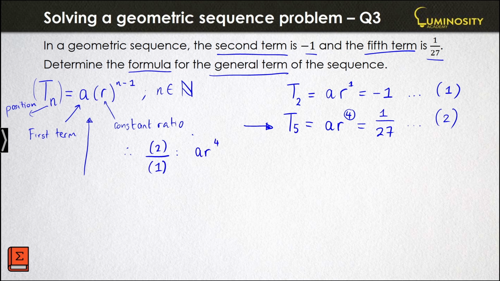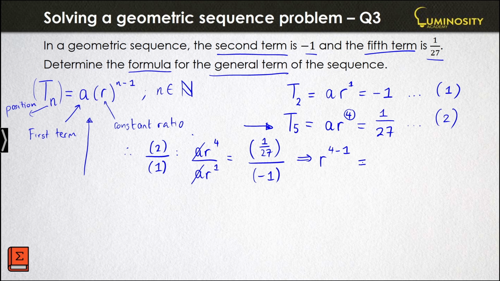This gives us ar to the power 4 divided by ar to the power 1 equals, on the right hand side, 1 over 27 in the numerator, divided by -1 in the denominator. On the left hand side, these a's will divide out because everything's being multiplied, and for r to the 4 over r to the 1, exponential laws say that because they're the same base and you're dividing them, you subtract the powers, so r to the 4 minus 1.